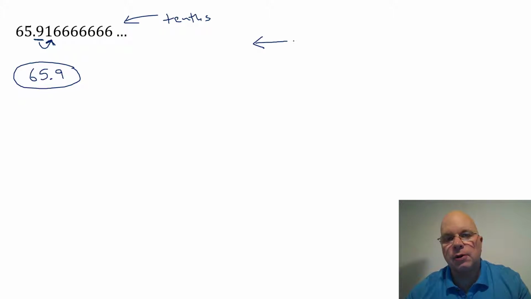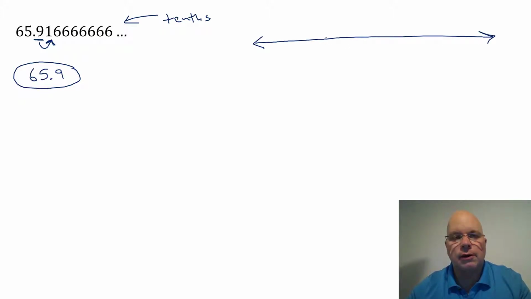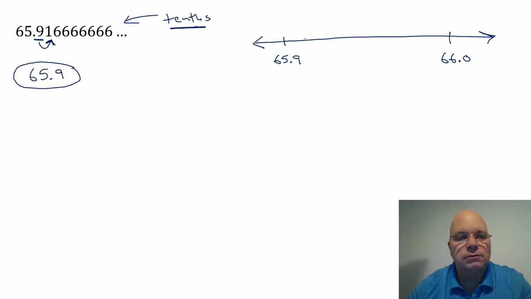If we look at this on a number line, we can see what rounding really is. If we're rounding to the tenths place, we want to know which two tenths this number is in between, and of those two tenths, which one it is closest to. Here's 65 and 9/10, and here's 65 and 10/10, which would be 66 and 0/10. And our number is right about here. 65.916 repeating is right about there.